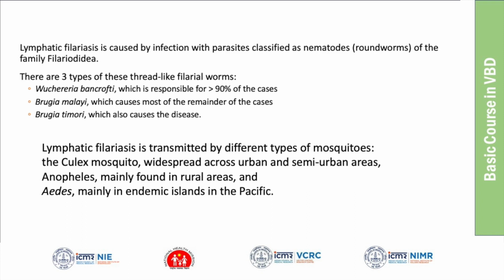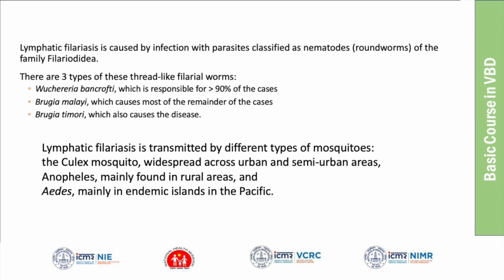We also have it mostly in Southeast Asian countries, and in India we have about 6 specific foci, and the single largest focus is in the central coastal part of Kerala. Brugia timori is also one of the species, but we do not have it in India. It is found on Timor Island. So these are the 3 major species we have.